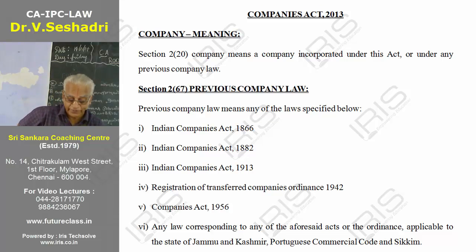Any act corresponding to any of the aforesaid Acts or ordinance applicable to the state of Jammu and Kashmir, Portuguese Commercial Code and Sikkim. These are called the previous company law. This is the definition of company.